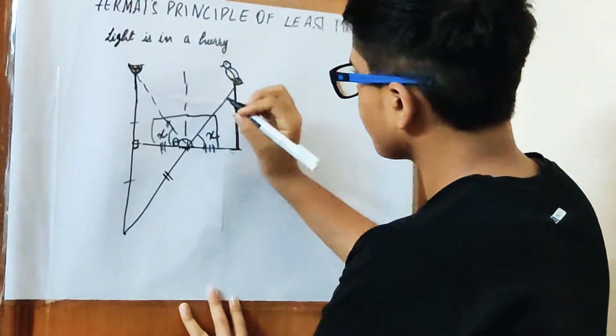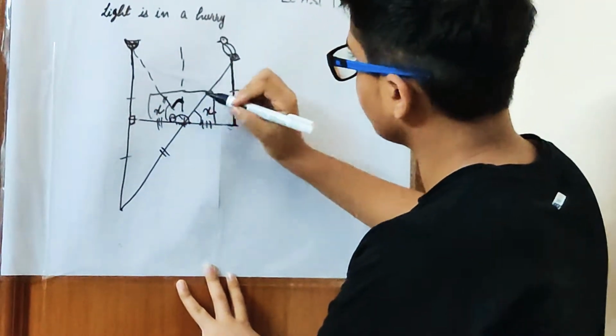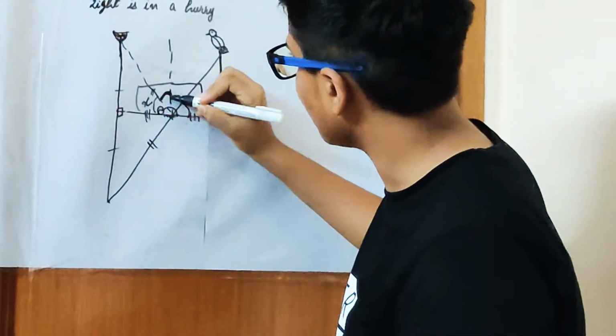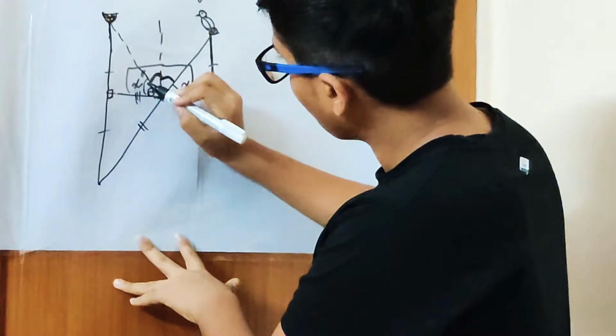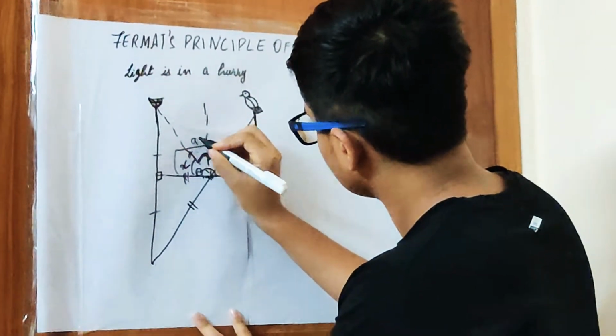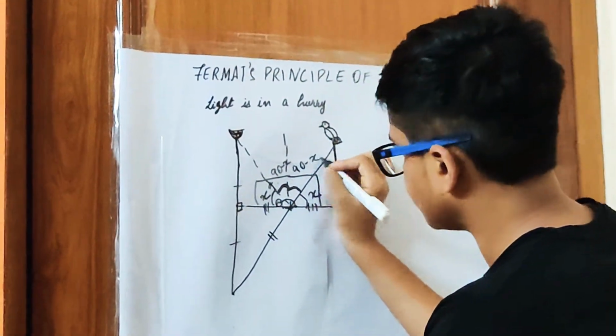In other words, this angle, mind you, can be considered as the angle of reflection, and this can be considered as the angle of incidence. So this will be 90 minus x, and this will also be 90 minus x.